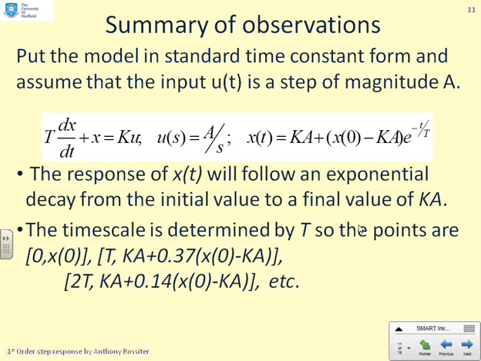And the points for the solution at t equals T, or t equals 2T, or t equals 3T can be determined and are fixed as long as you do them in terms of this time constant. So you have, as you can see here, at 0, x of 0; at T, ka plus 0.37 times x of 0 minus ka; at 2T, ka plus 0.14 times x of 0 minus ka, and so on.